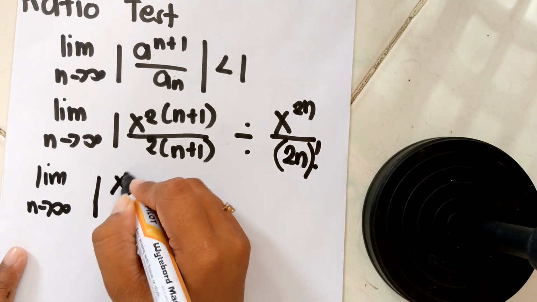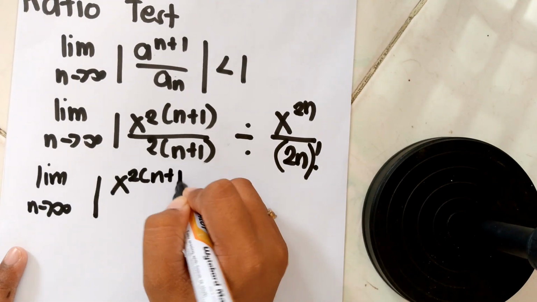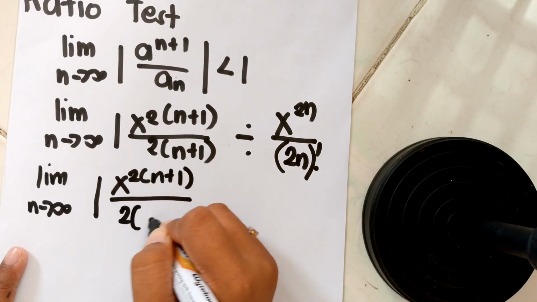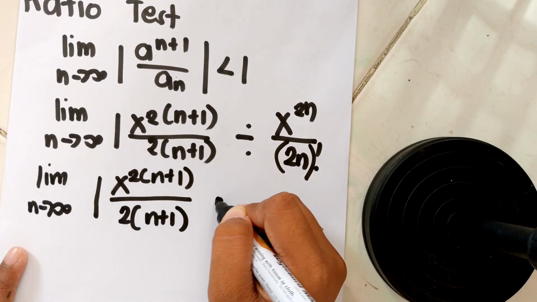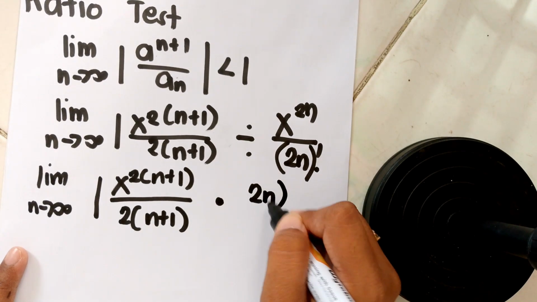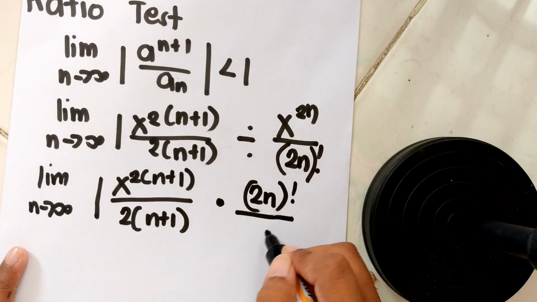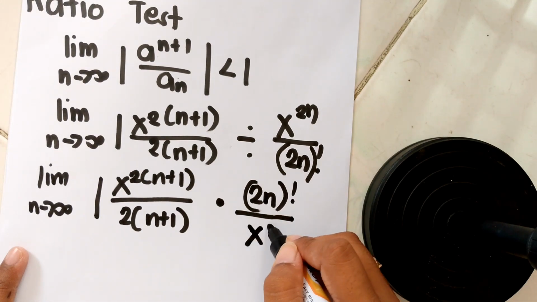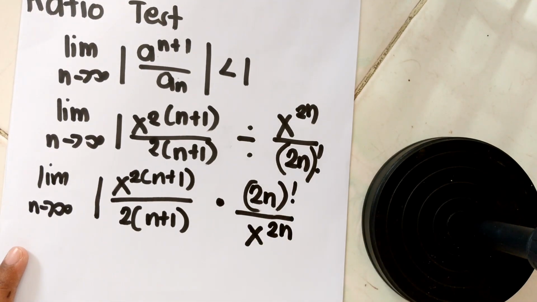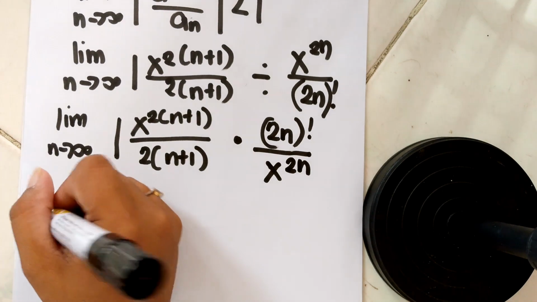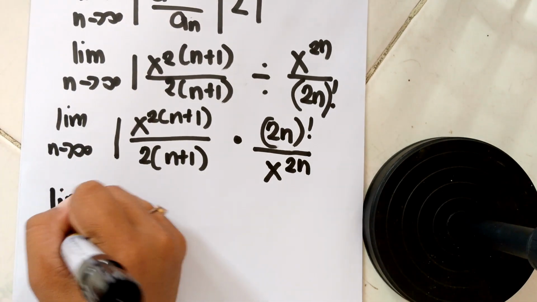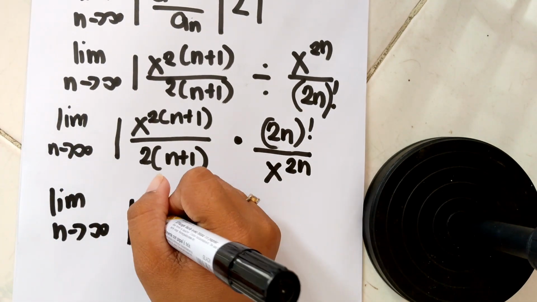It will become x raised to 2 times n plus 1 over 2 times n plus 1 factorial, times the reciprocal of the other function, which is 2n factorial over x raised to 2n. We need to distribute each of the values that are raised.